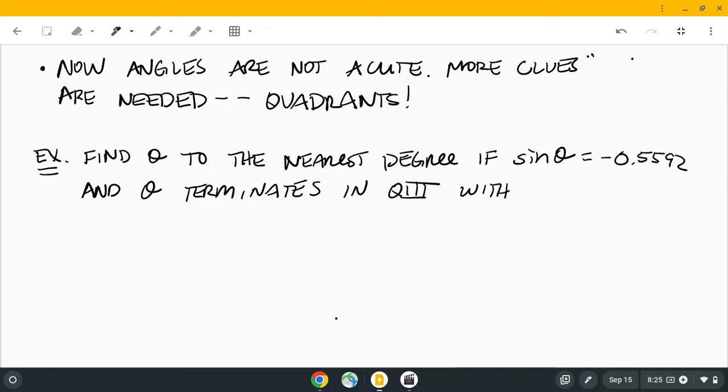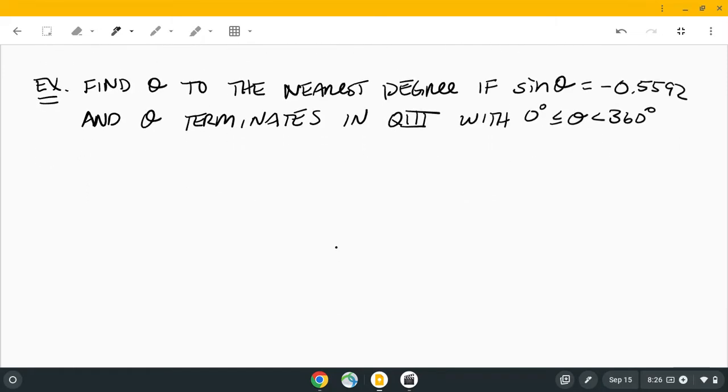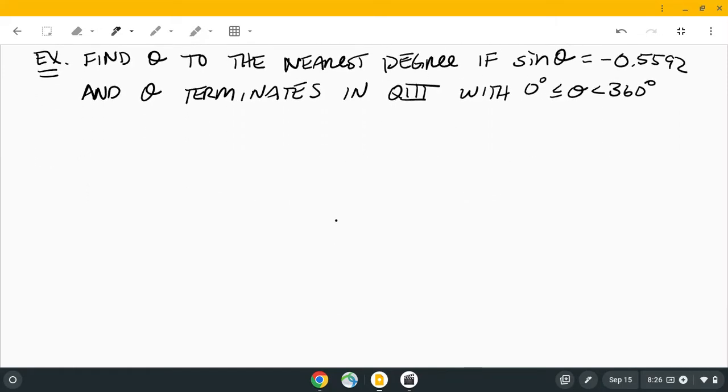We won't go beyond 360, so we won't get the 540s or the 410s or anything like that. Theta between 0 and 360, but not including 360. Notice that, because 360 and 0 are the same. So find theta to the nearest degree if sine theta equals negative 0.5592 and theta terminates in quadrant 3.